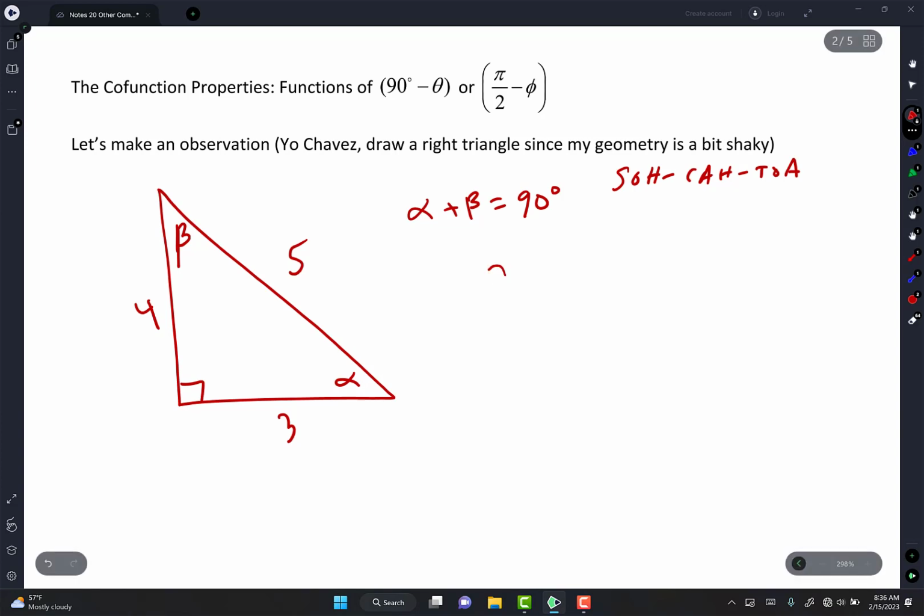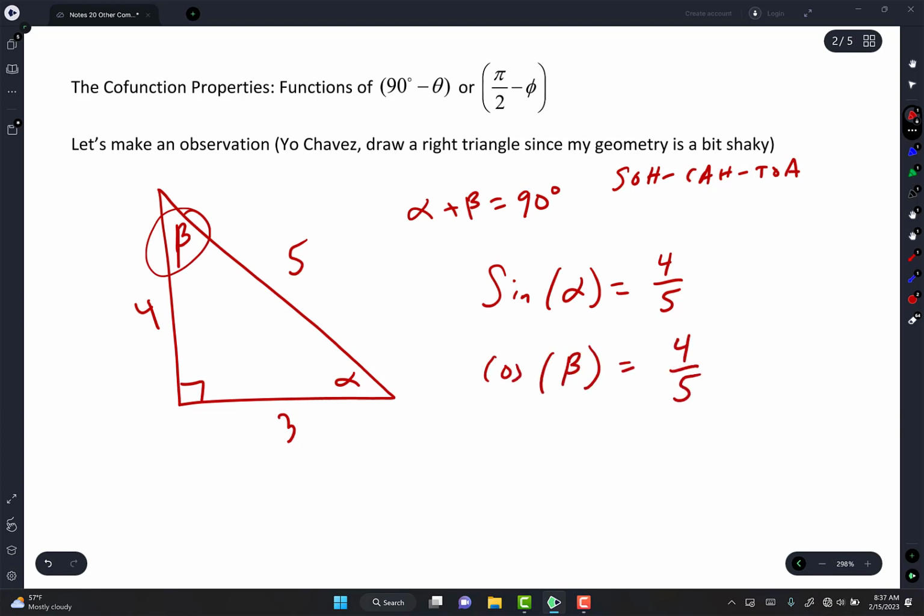So if I were to tell you sine of alpha, you would tell me 4 over 5. Right? Now check this out. If I told you I want another ratio that's also 4 over 5 besides sine of alpha, you would probably tell me cosine of beta is also 4 over 5.